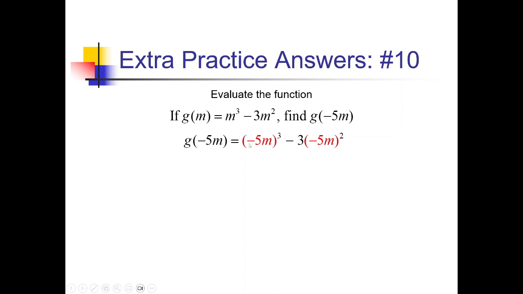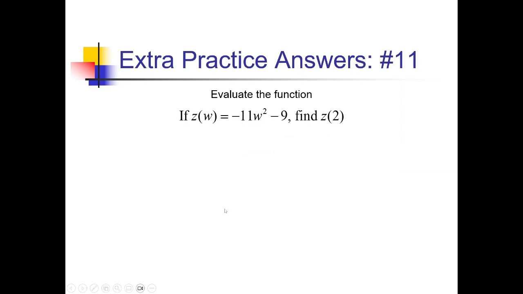So this is going to be negative 125m cubed. And then over here we have to square the negative 5 and the m first before we multiply by negative 3. So this is going to be 25m squared times negative 3 now is going to be negative 75m squared. These are not like terms. They both have m's but different exponents, so this is fully simplified.